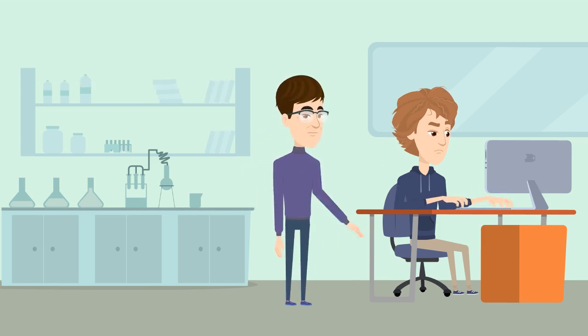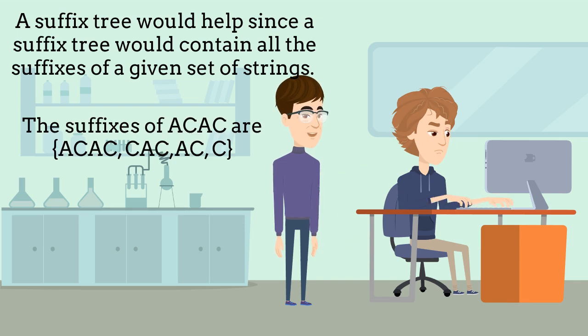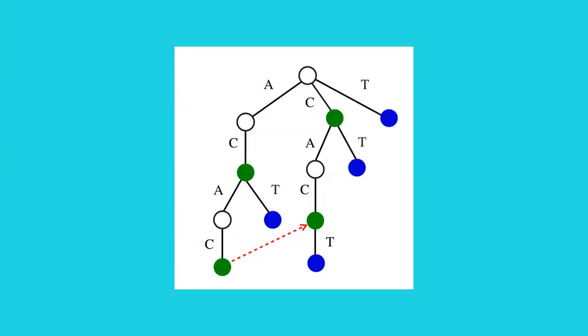However, Skiena came up with a solution for this. He told him that a suffix tree would help, since a suffix tree contains all the suffixes of a given set of strings. The suffixes of ACAC are ACAC, CAC, AC, and C. Joined with the suffixes of the string CACT, we get the suffix tree in the figure shown.